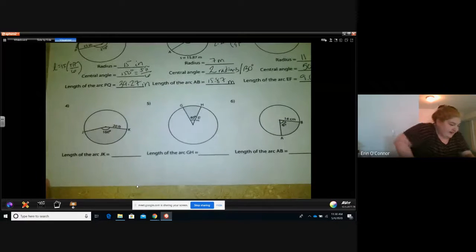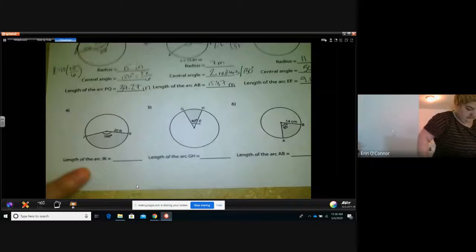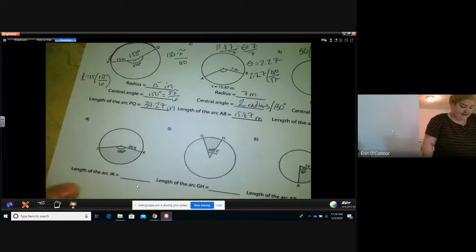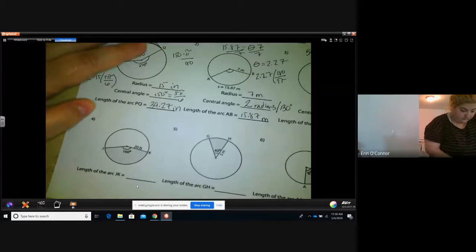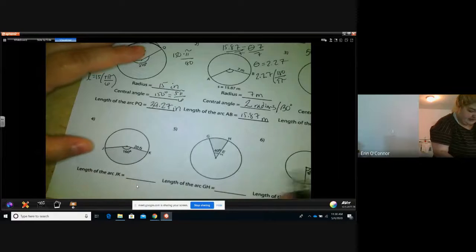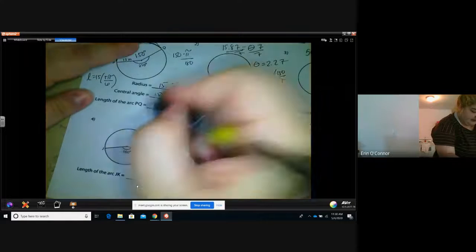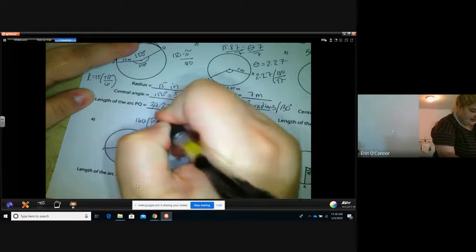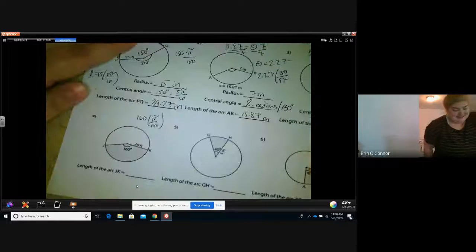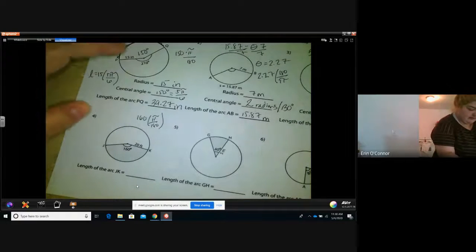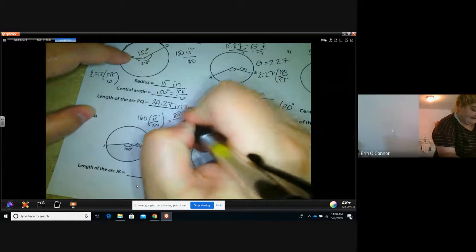For the last three, we're finding some lengths of the arcs. So here, we need to convert all of these first to radians. So 160 times pi over 180. This is 8/9, so this would be 8 pi over 9.